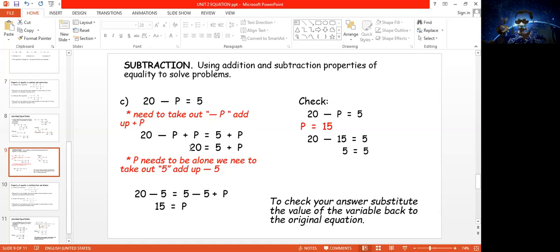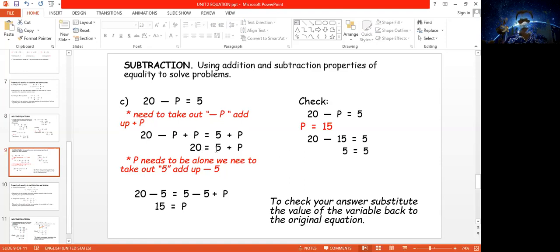Before that we have negative p plus p, again it's 0. So what is left is 20. Now you might be thinking, but teacher, our variable is on the other side. It doesn't matter. It's the same thing. So here we have, again, 5 plus p. That is now our new equation.